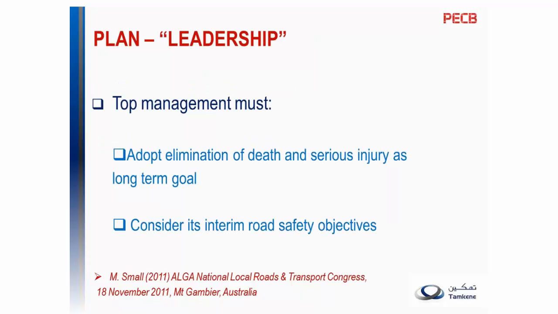Also, the leadership, the top management per se, must adopt elimination of death and serious injury as a long-term goal. And not only that, the interim road safety objectives. I'll discuss more of the interim road safety objectives a little later. But the top management view is at the long-term and an interim road safety objective.